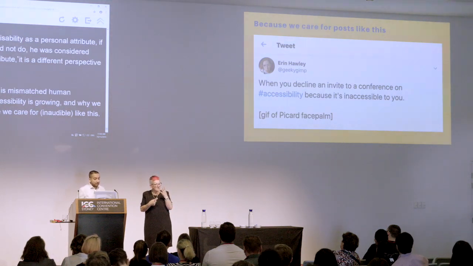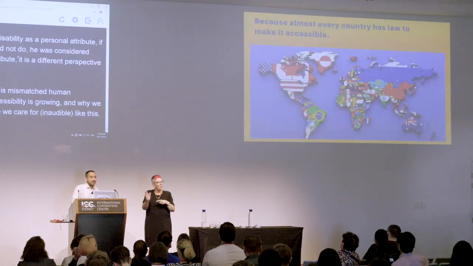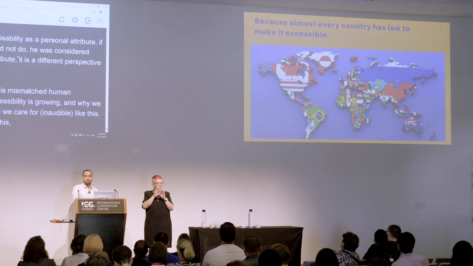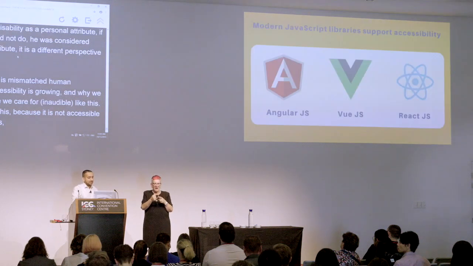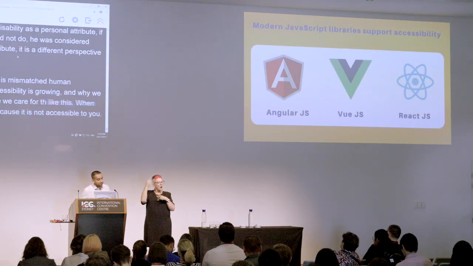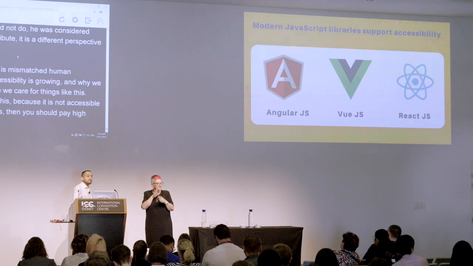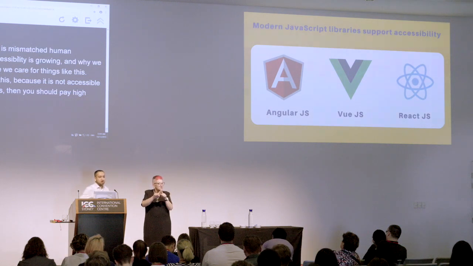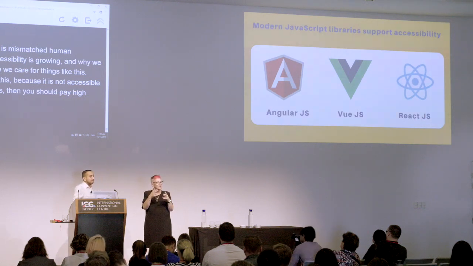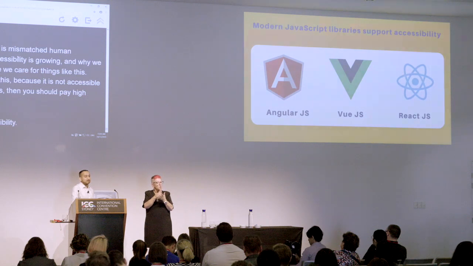Because we care for people like Aaron. And because if you do not follow accessibility rules, almost all governments have accessibility laws, and you have to pay a high penalty. And because all the modern JavaScript libraries support accessibility. So no matter whether you are using AngularJS, React.js, or Vue.js, every JavaScript library supports accessibility. So this can't be an issue anymore.